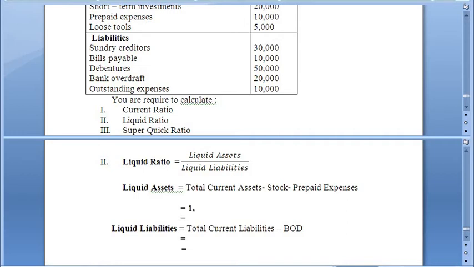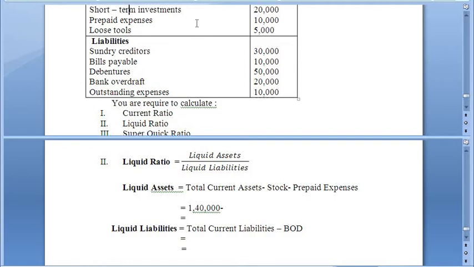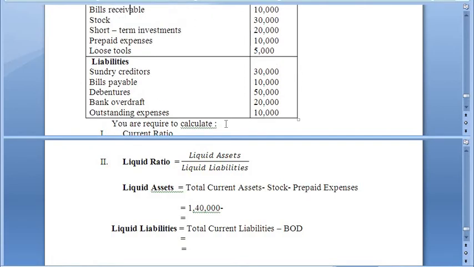Okay, it is 1,40,000. From 1,40,000 we have to deduct stock and prepaid expenses. 1,40,000 minus, what is the amount of stock? Here you can check, 30,000. Okay, stock is 30,000.